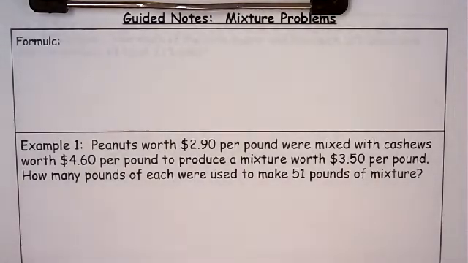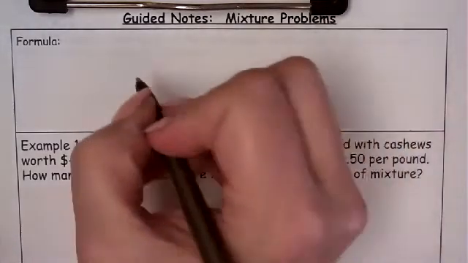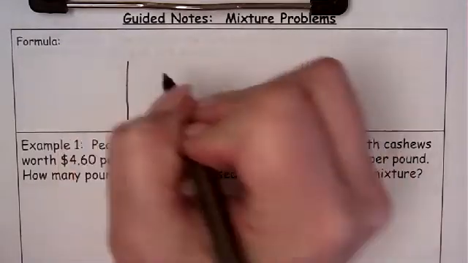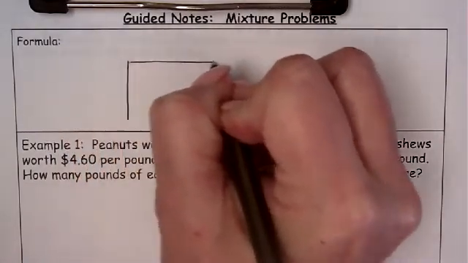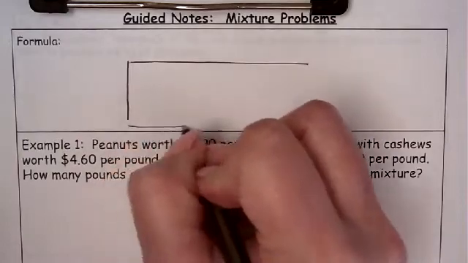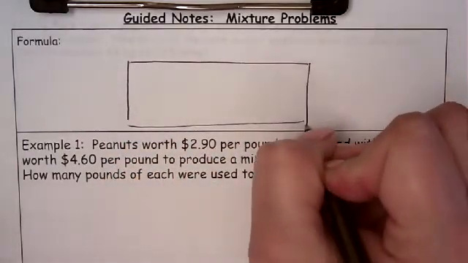But let's back up for just a minute, because I said there's a little table that we're going to use to organize our information that will help us set up our equation. So I'm going to make a table right here with 3 rows and 3 columns.